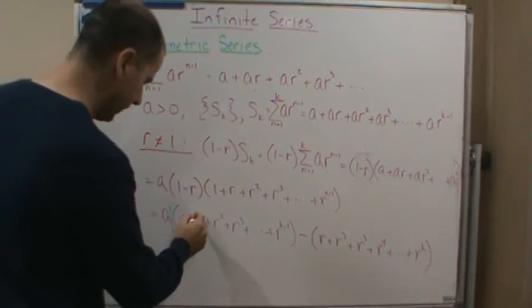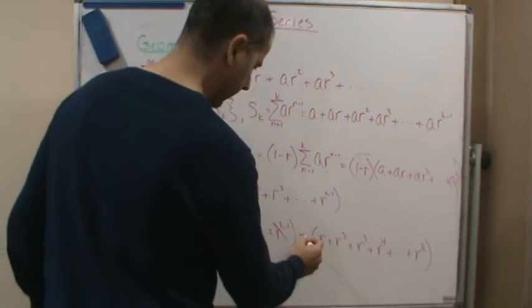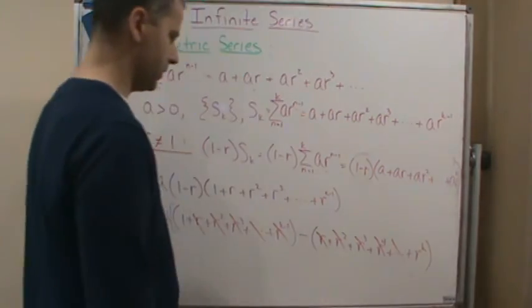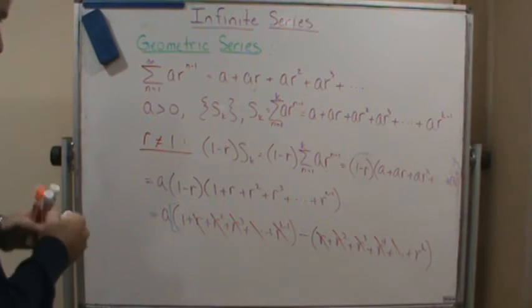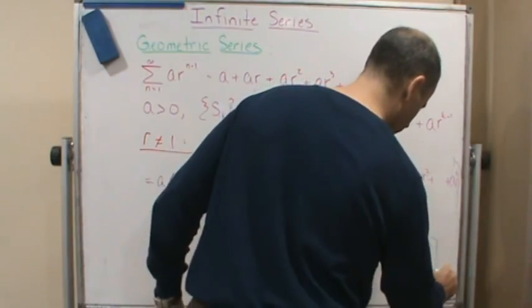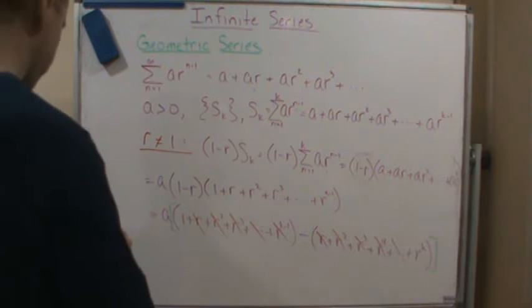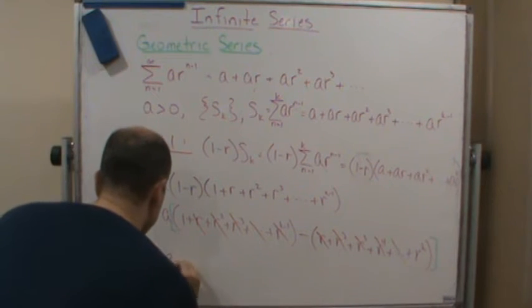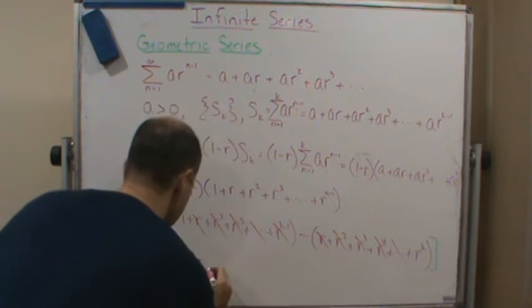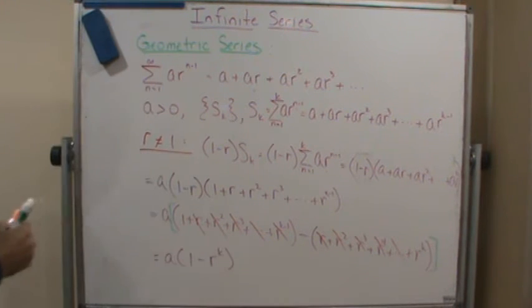So all of these terms cancel with all of these terms, and so what we end up with is A times 1 minus R to the kth power.